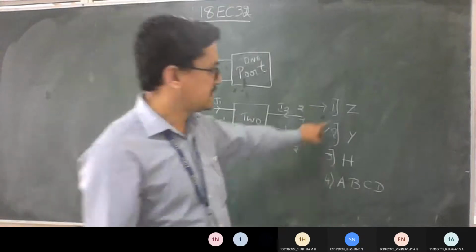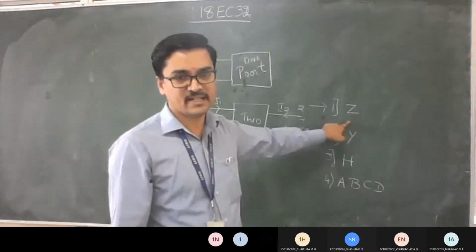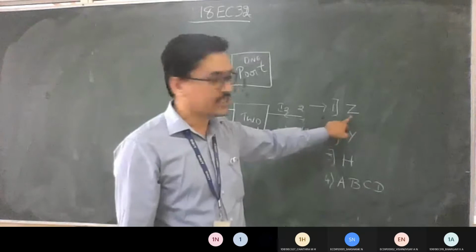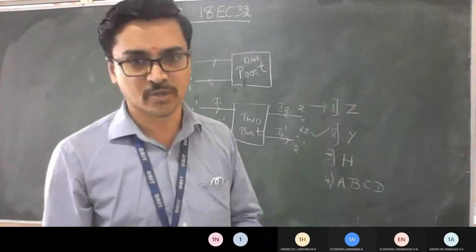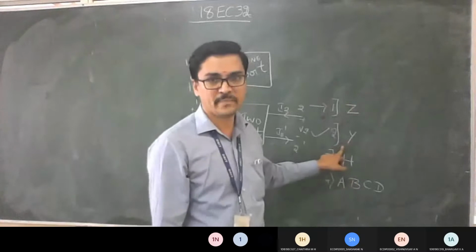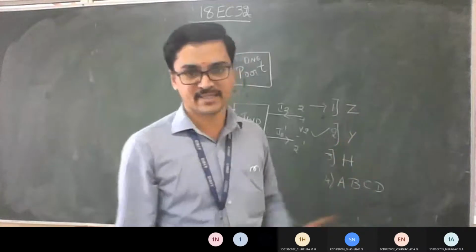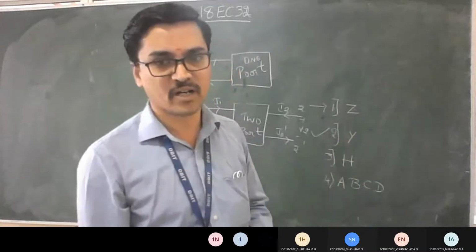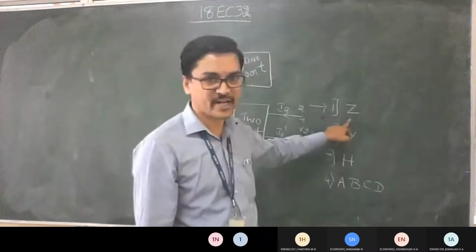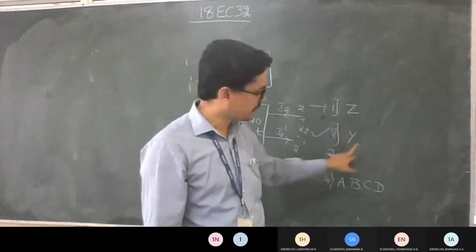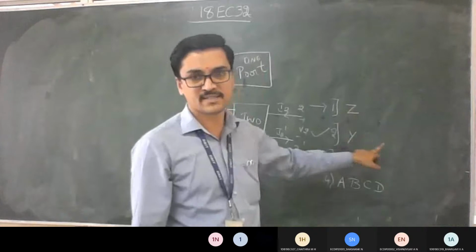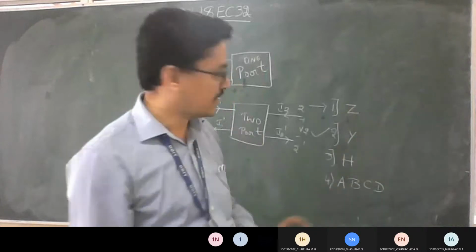So Z, you already know what is the meaning of Z? Nothing but impedance. So I can call the Z parameter the impedance parameter also. Similarly, the Y parameter is nothing but admittance. Admittance is the reciprocal of impedance, right? So the Z parameter is also called the impedance parameter, and the Y parameter is also called the admittance parameter.